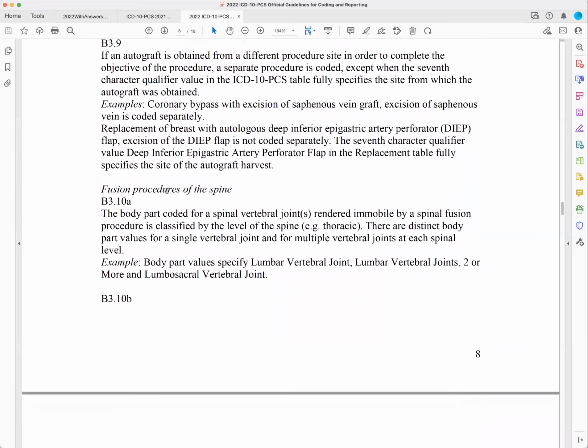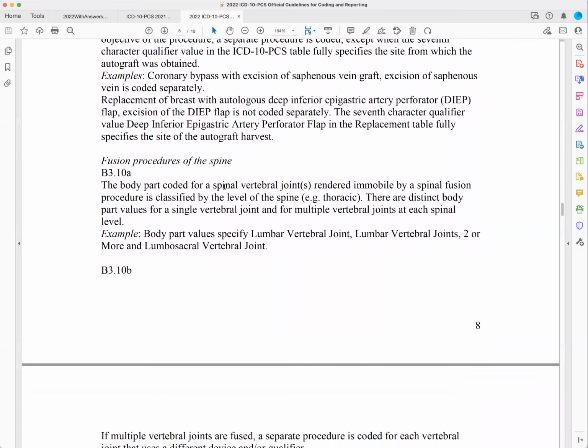Next, we have fusion procedures of the spine. The body part coded for the spinal vertebral joints rendered immobile by a spinal fusion procedure is classified by the level of the spine. So the cervical, the thoracic, the lumbar. There are distinct body part values for a single vertebral joint and for multiple vertebral joints at each spinal level.